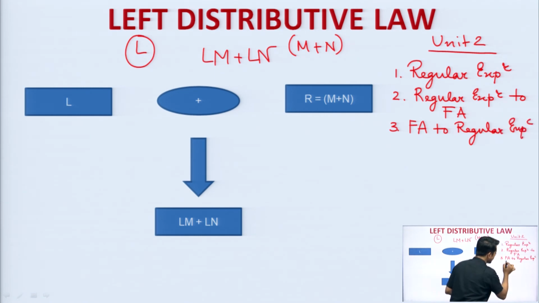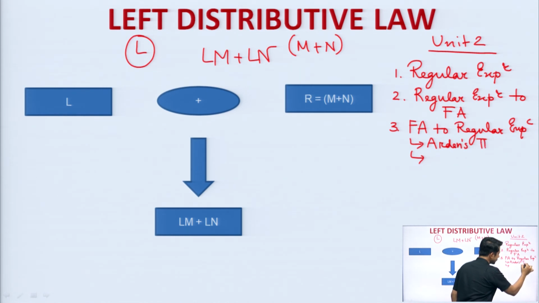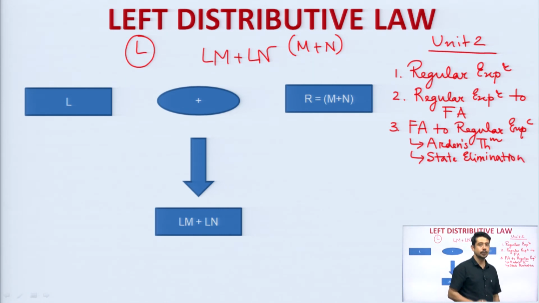and for this you will come across two concepts. One is ARDEN'S theorem that you have already seen, and one more is known as the state elimination method, which we will be discussing in the upcoming video. So, these are the two methodologies with the help of which you can convert a finite automata to a regular expression.